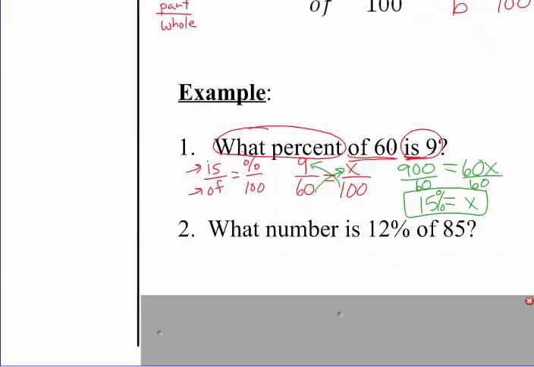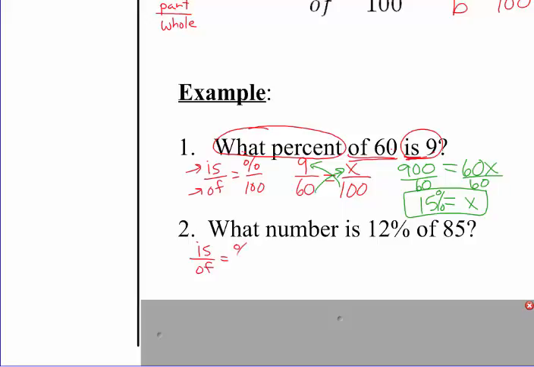Okay, let's look at another example. What number is 12% of 85? So is over of equals percent over 100. So I'm going to plug in what I know. So my is number, here's the is, but I don't know what that number is. It says what number is.